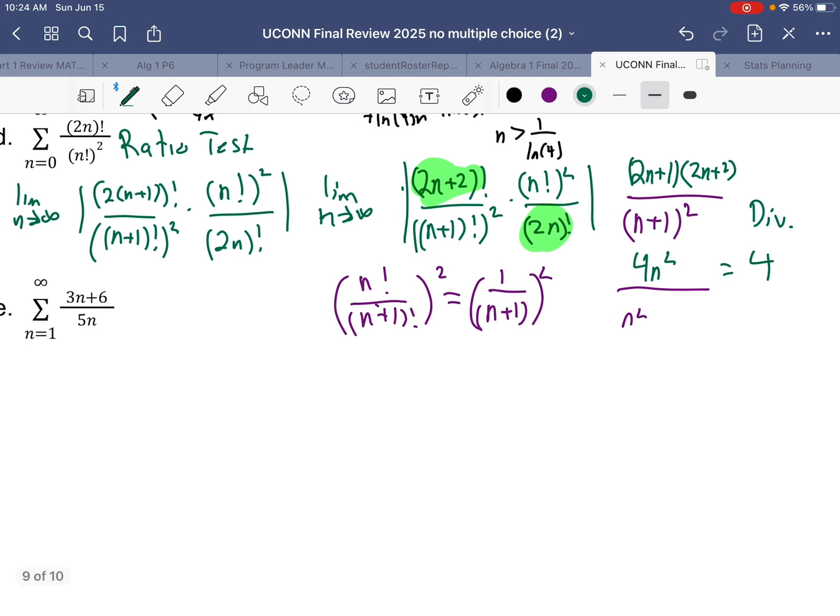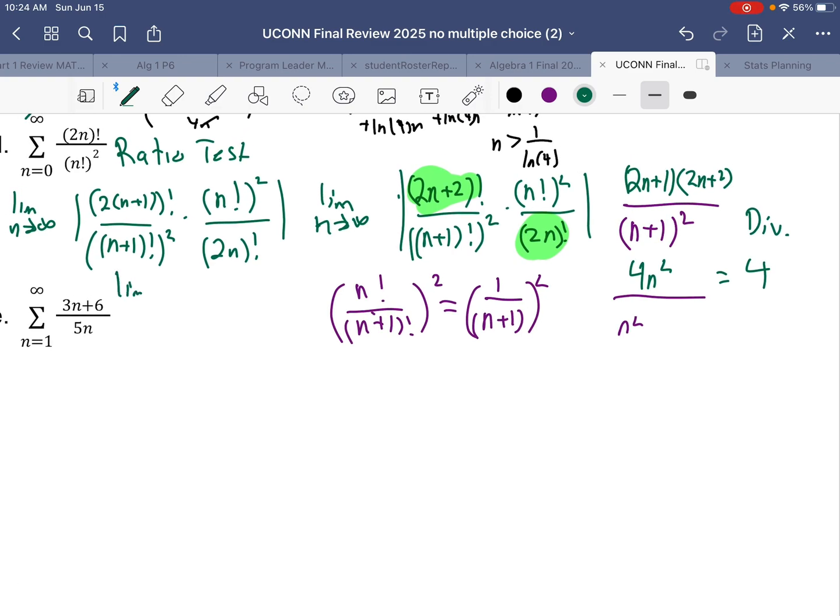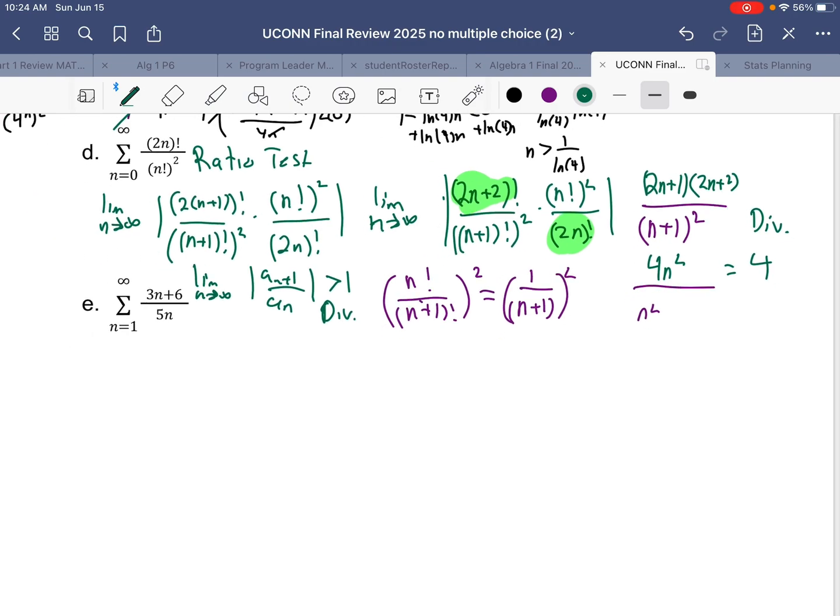For the ratio test, if the limit as n approaches infinity of a sub n plus 1 divided by a sub n is greater than 1, it diverges. If it's less than 1, it converges. And that's why when we figure out the radius of convergence, we set it less than 1.